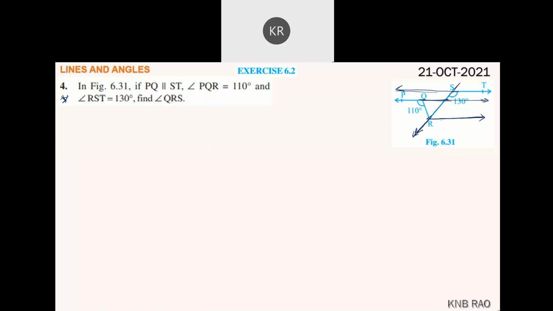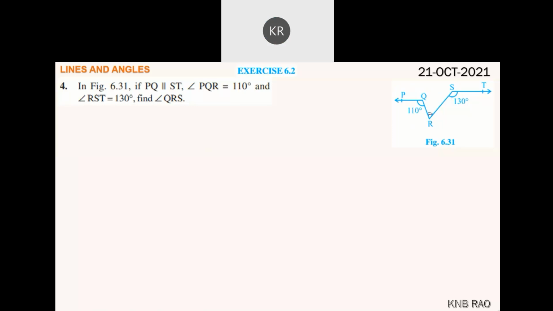Angle QRS. According to the corresponding angle formula, PQ is parallel to ST. Angle PQR is 110, angle RST is 130. Find QRS. This is what we have to find.